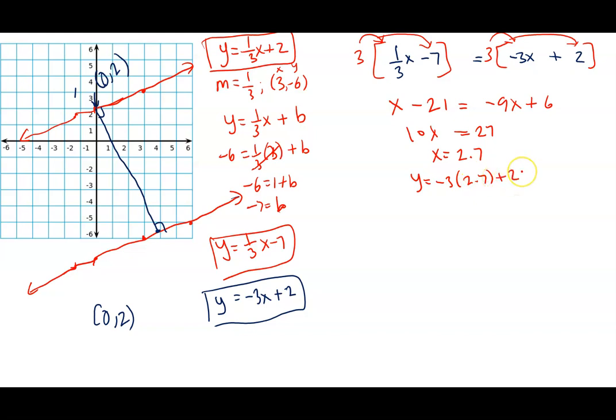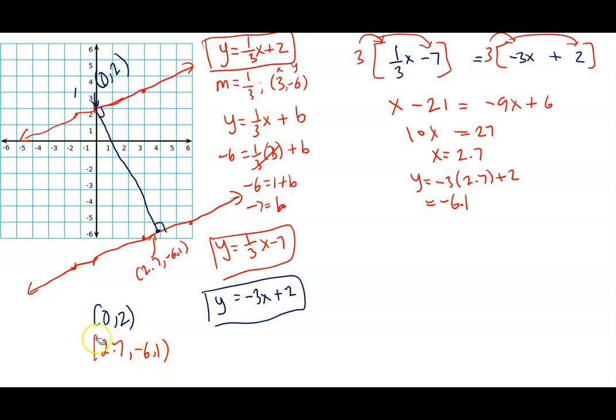If we plug this in, we have -3 times 2.7 plus 2, which gives me -6.1. So this point right here, the second point, where the parallel line and the perpendicular line intersect, is going to be (2.7, -6.1).